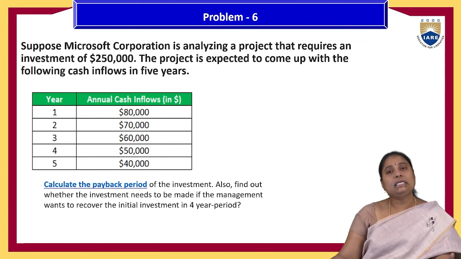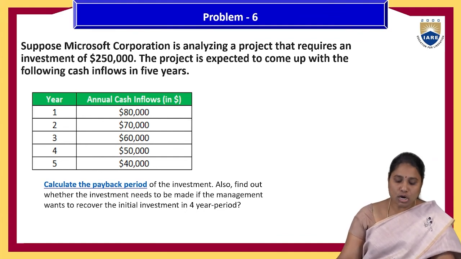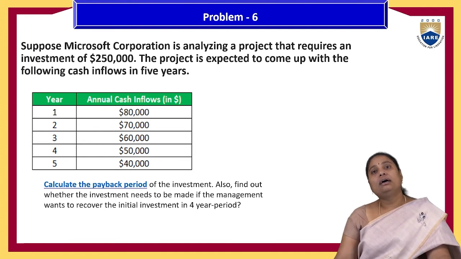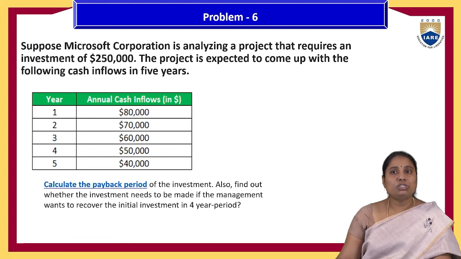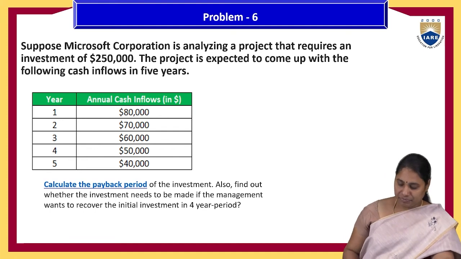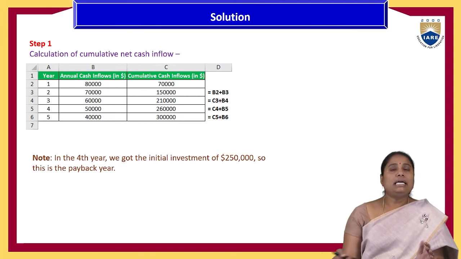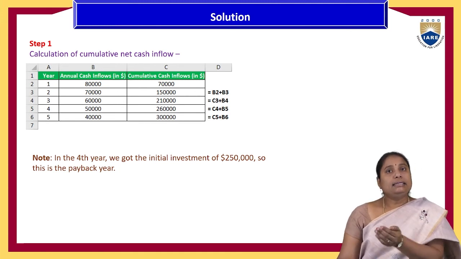Now, they are asking us to calculate the payback period of these investments. Also, find out whether the investment needs to be made if the management wants to recover the initial investment in a 4 year period. So here, it is simple, but we have to calculate in the Excel sheet.